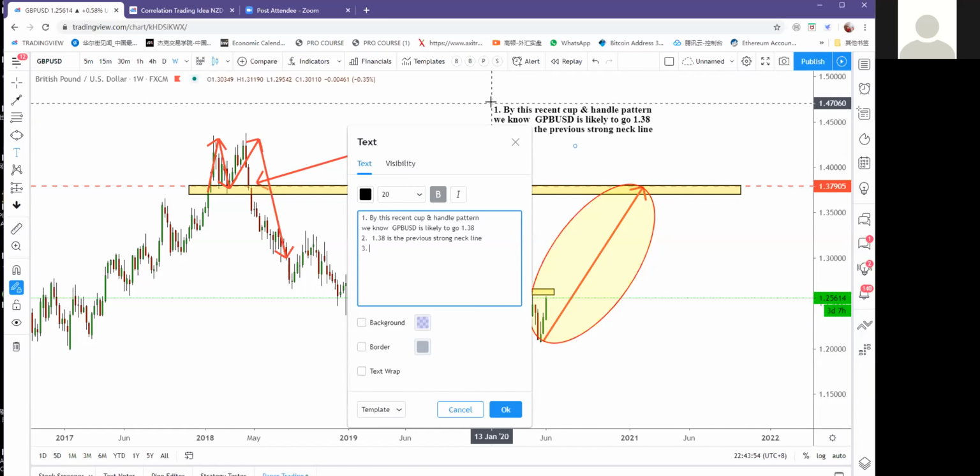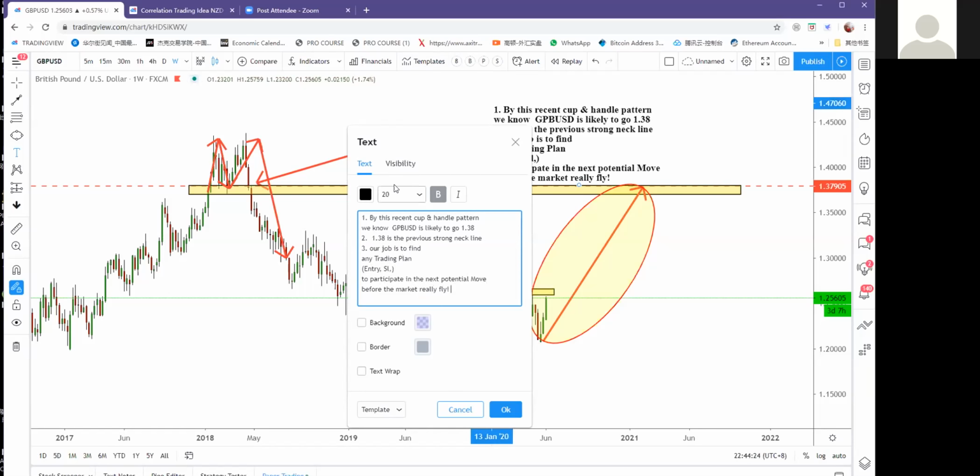Third, our job is to find a good trading plan, which means you need to find a good entry and a good stop loss. The target is set, TP is set already, to participate in the next potential move before the market really flies.